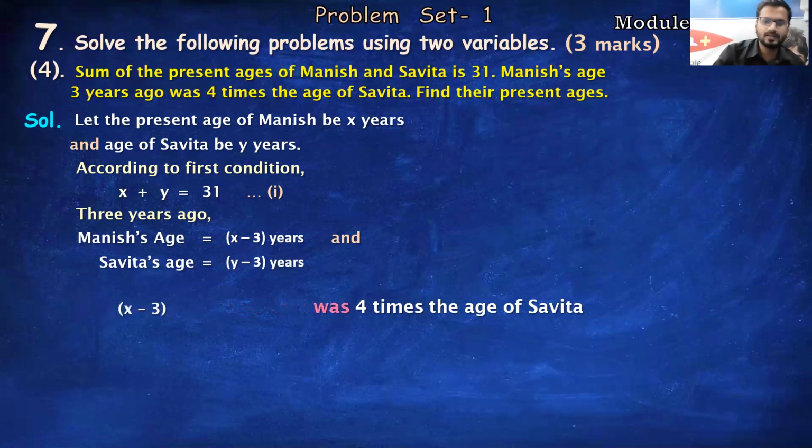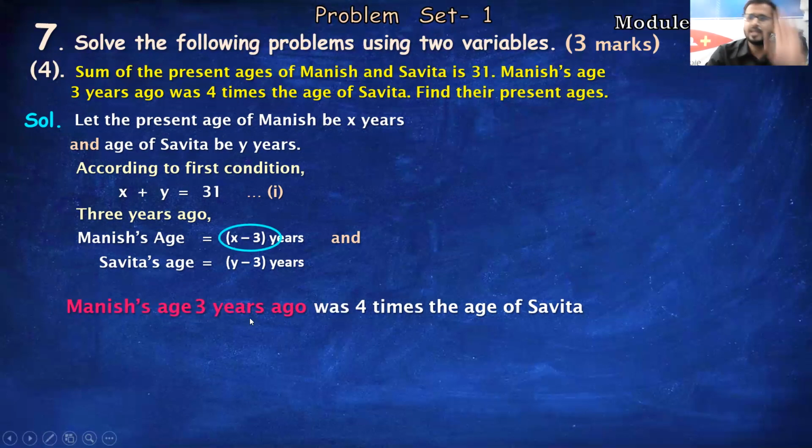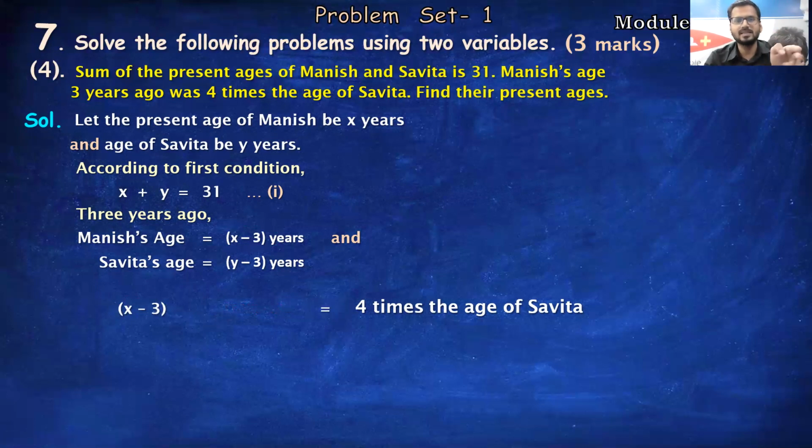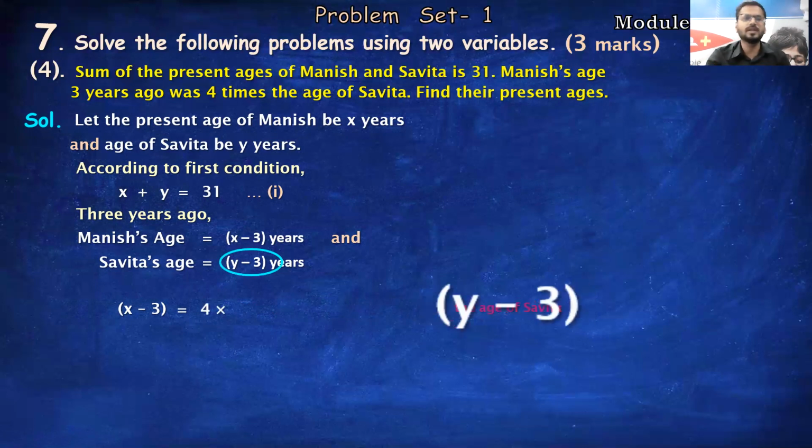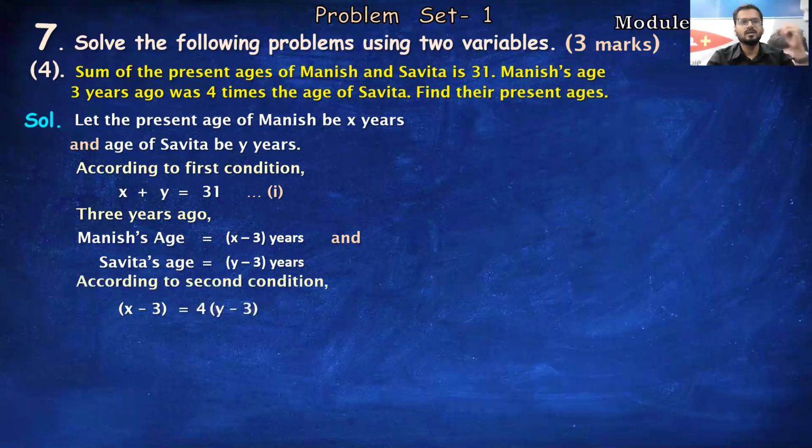Now let us convert this English statement into a mathematical statement. Manish's age 3 years ago, I already have that mathematical statement: 3 years ago it is x minus 3. Was means is equals to 4 times. 4 times means 4 into something. What is that something? The age of Savita. Savita was y minus 3. Let's simplify this equation.